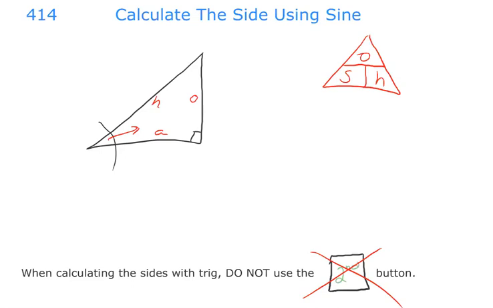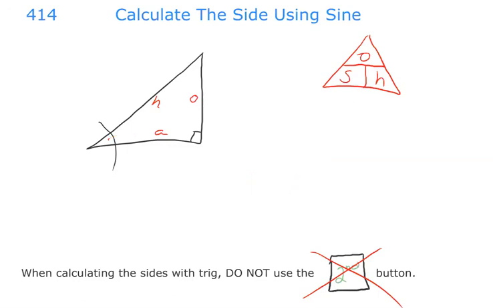So it is the angle and then the sine button times the hypotenuse, if the hypotenuse is given, or it's going to be divided by the opposite if the opposite is given, depending on what we're looking for. Does that sound confusing? That's okay. We're going to do some practice ones just to see where we're at.